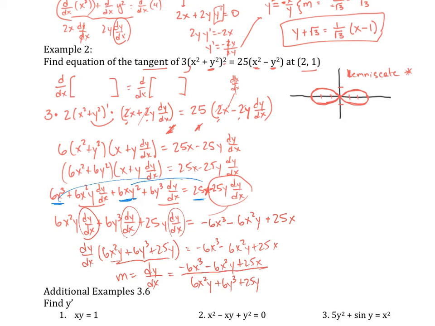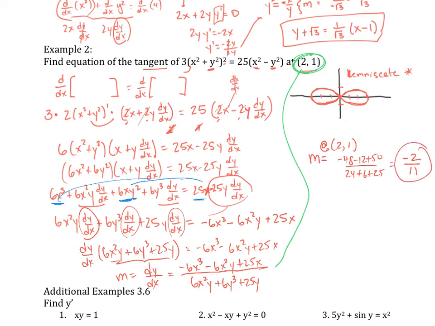I got to plug in the point right here, 2, 1. So plug this point in. And to save you the math and the space, I went ahead and did that. So at 2, 1, I plug it in. I'll end up with negative 48 minus 12 plus 50 all over 24 plus 6 plus 25, and that becomes negative 2 over 11.